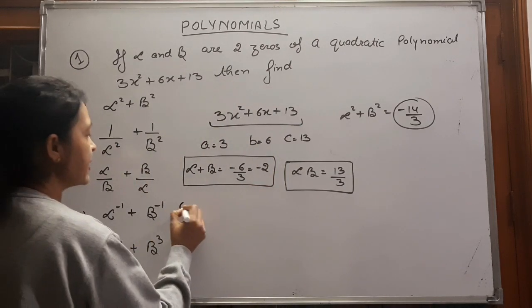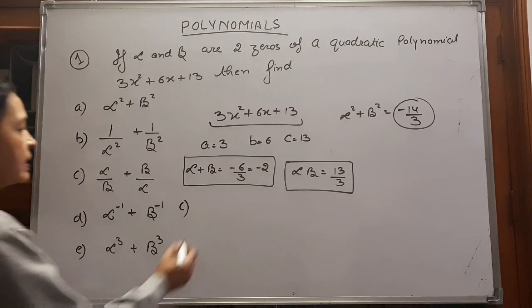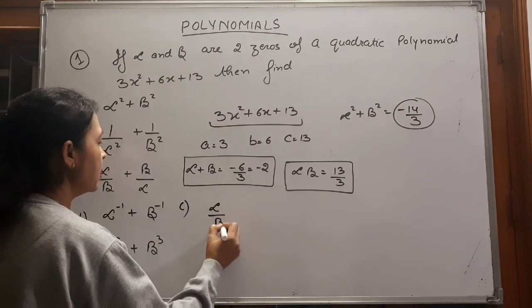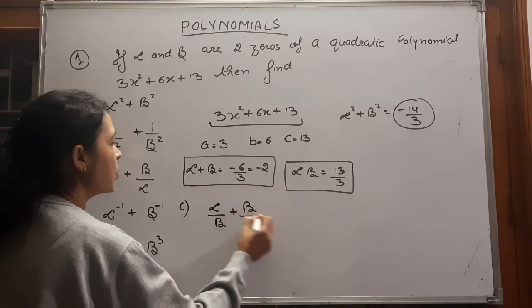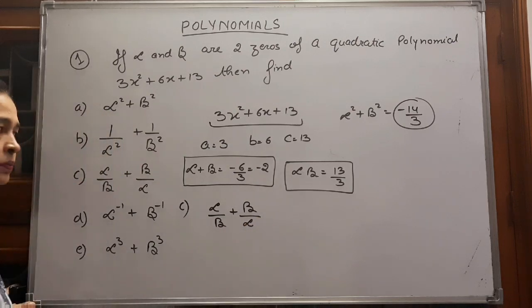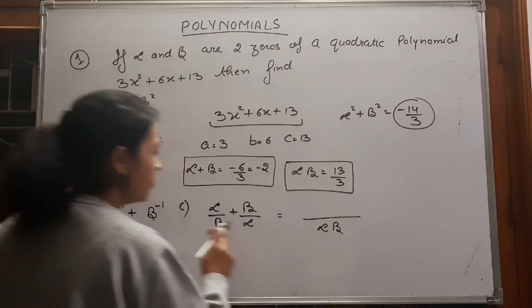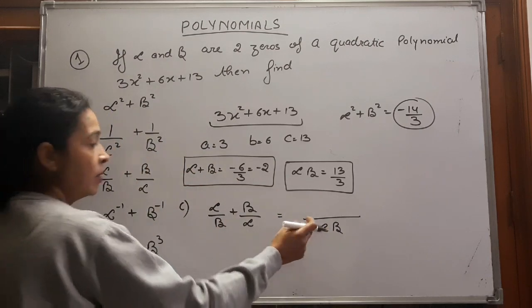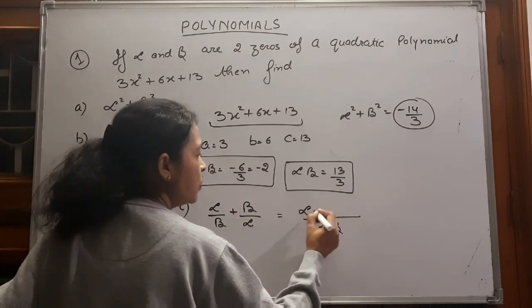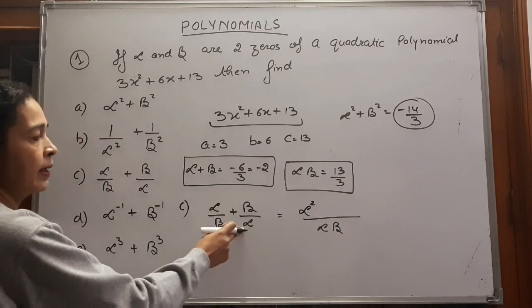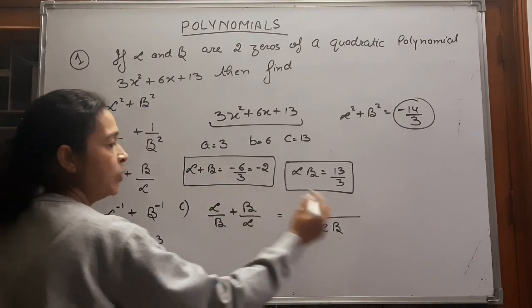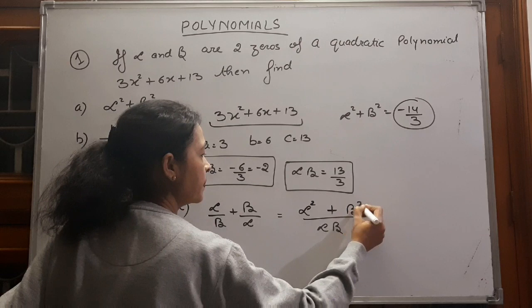Next we have part C. Part C is alpha upon beta plus beta upon alpha. Taking LCM, alpha beta, we have alpha into alpha, alpha square, and beta into beta, beta square.